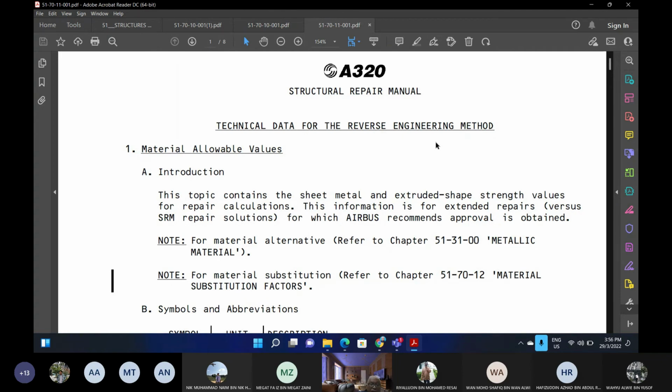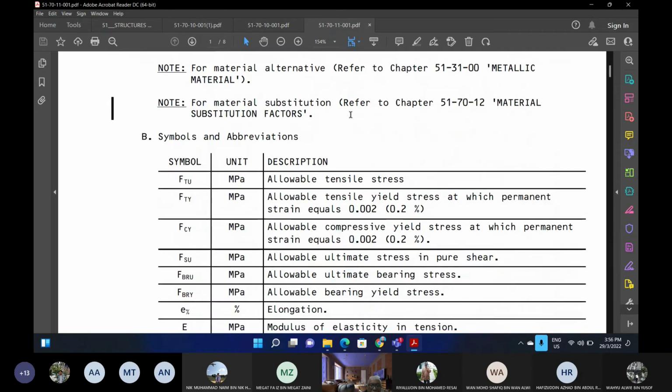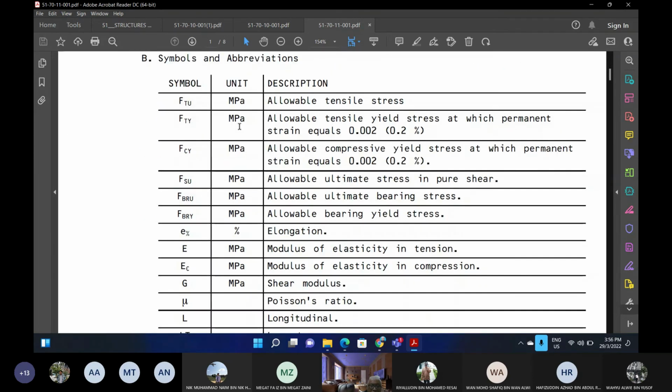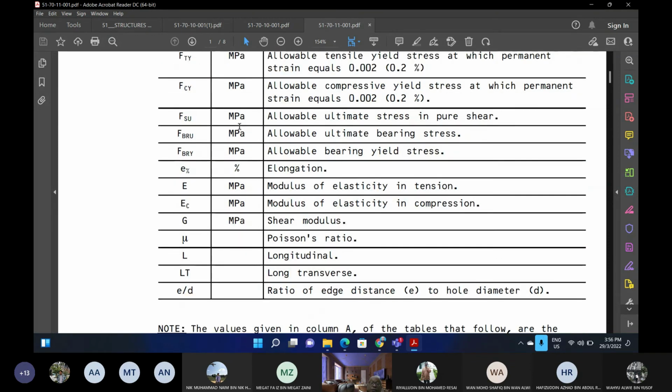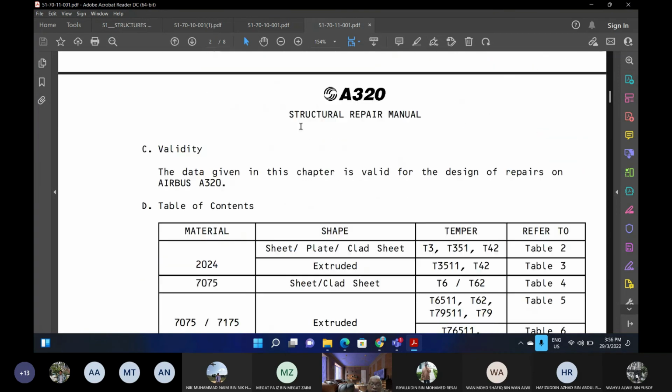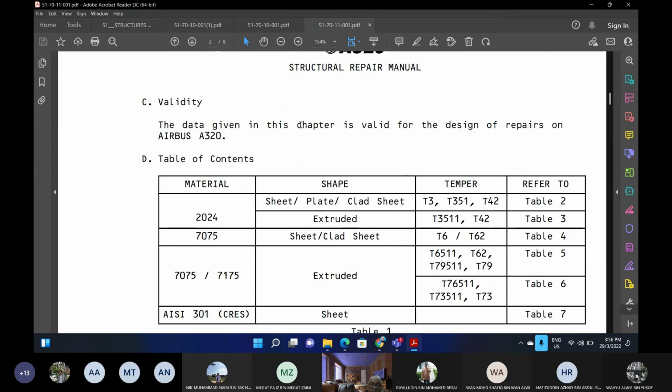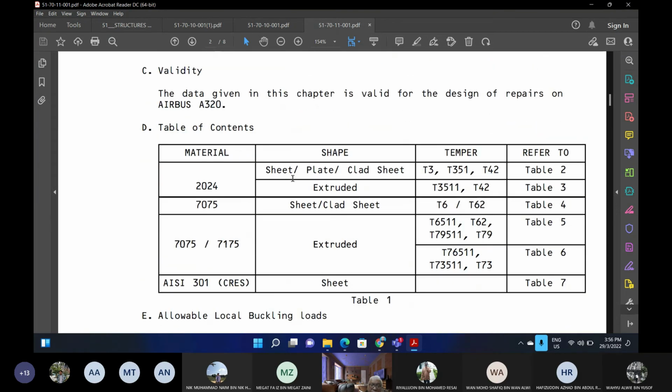Okay, this is the material allowable value, technical data for reverse engineering. In this material allowable, you can see the same symbols come again. So you go back to your mechanics of materials and try to understand all these symbols. And most importantly, also list out the materials: sheet, plate, extruded sheet, 2024, 7075 tempering, extruded 7075, 7175.